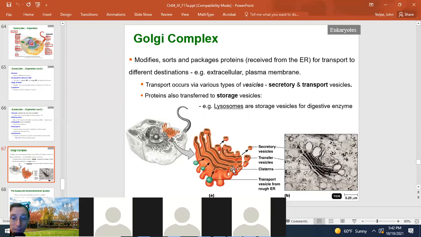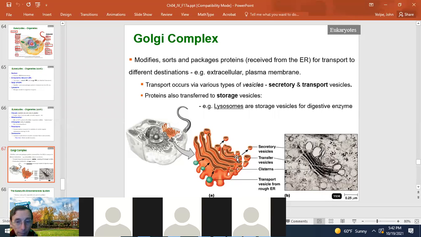Then the Golgi complex will modify the proteins, which could be chemically altering them. And then it'll sort the proteins and package them up in a region on the far side of the Golgi complex.